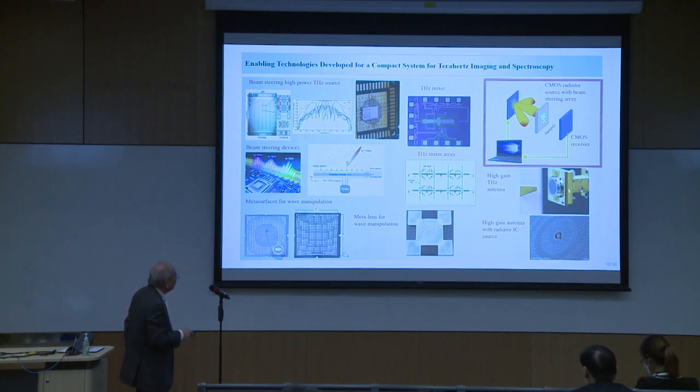And we also developed high-gain terahertz antenna to make the beam very narrow, and we can replace the feed of this bulky waveguide by our chip so that the whole antenna can be made compact. We also showed you how to develop metal lens for the wave manipulation, using 3D printing. And we also introduced a new idea of the beam steering devices.